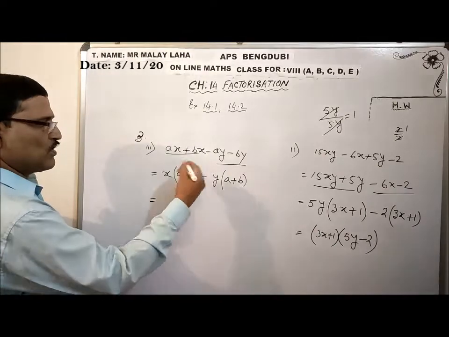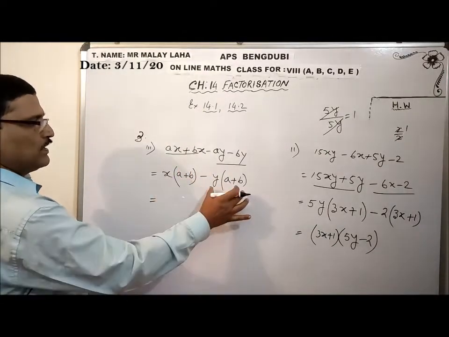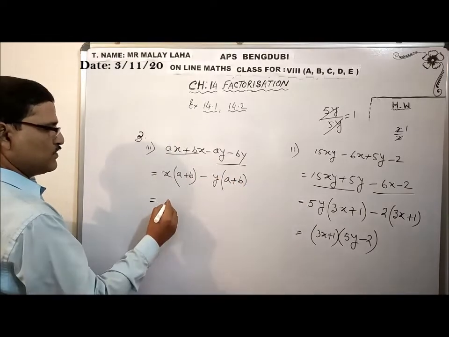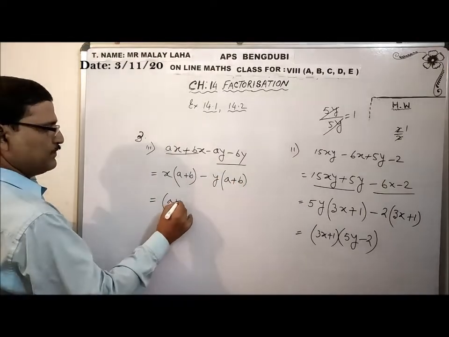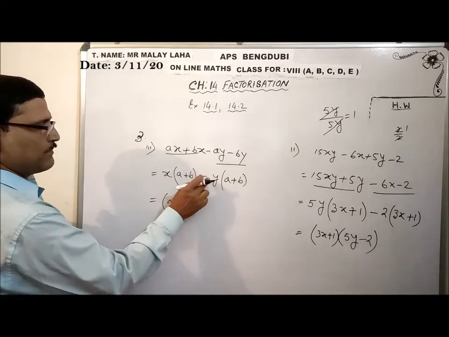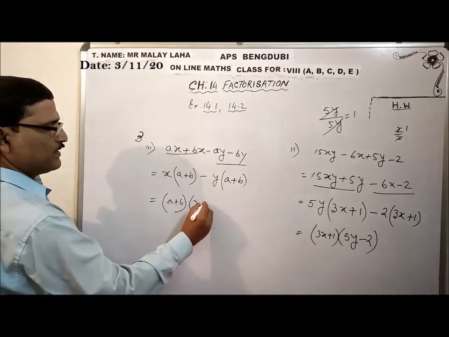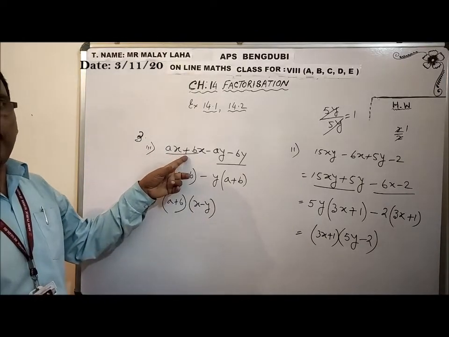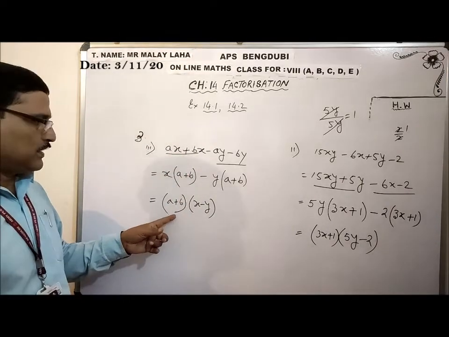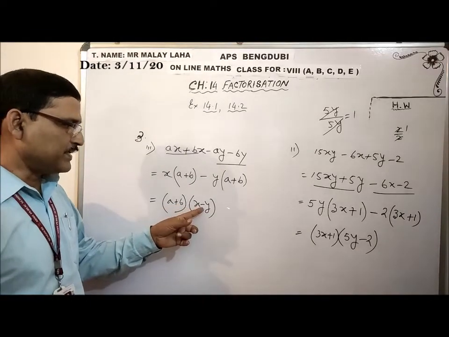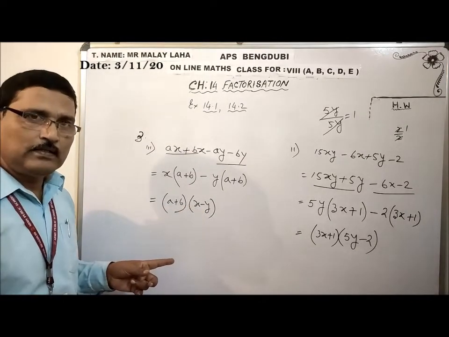Now what is overall common from these two factorizations? This is also one factorization, this is also one factorization. What is common? a plus b is common, and what is left out? x and minus y. x minus y. So this expression has two factors, that means a plus b and x minus y.